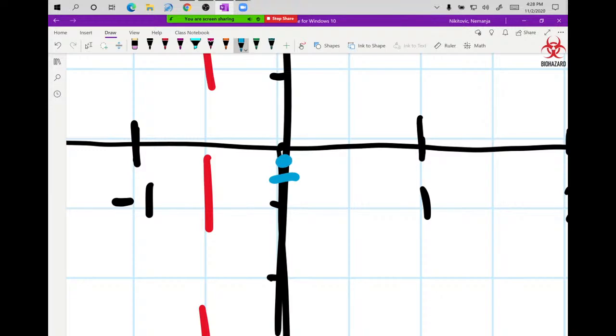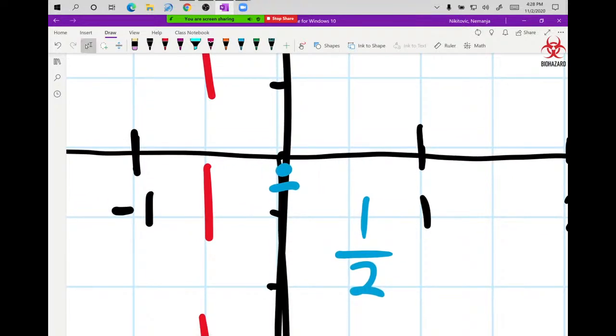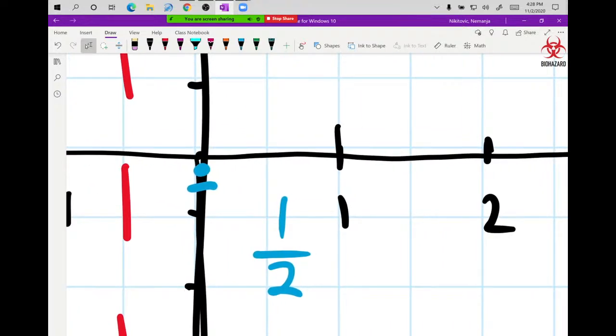Now my slope is 1/2, meaning 1 unit up, 2 units to the side. So now I'm in this zoomed in state. We see that my 1 unit up would be 1/4 before number 1. That's 1 unit for the y-axis, because 1 unit is 1 square. But to go over 2 has to go all the way to number 2. And now we connect these two.